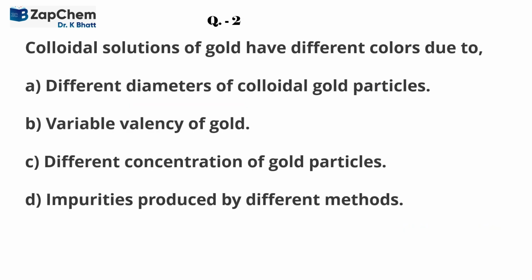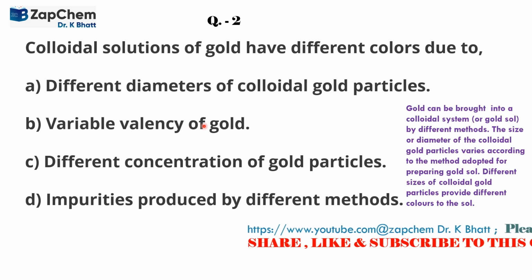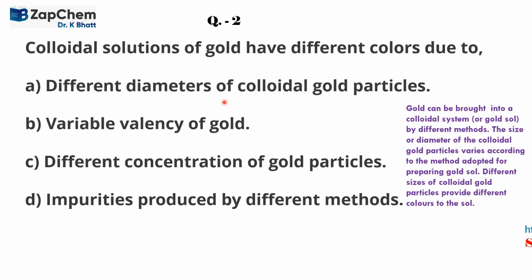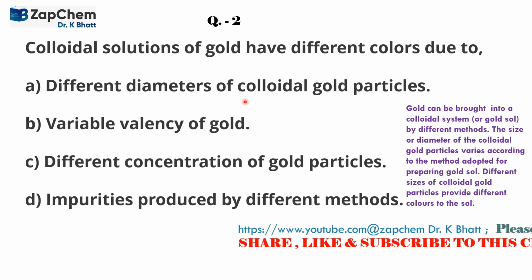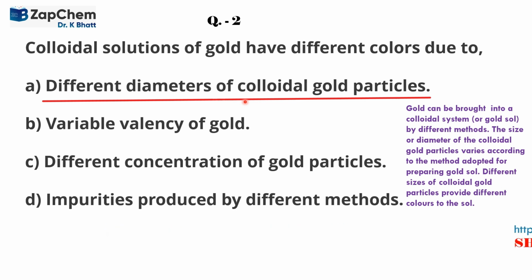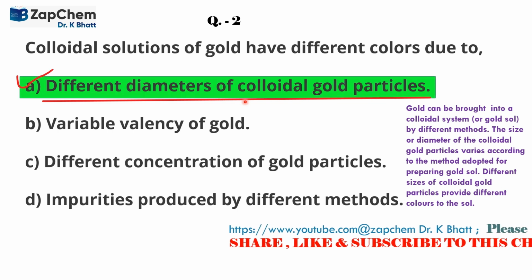Now let us move to the second question. The colloidal solution of gold has different colors due to, of course, gold can be obtained in colloidal form by different methods, and depending upon the size or diameter of the colloidal particles, it shows different colors. It is a metallic colloid, and therefore the answer to this question is 1.